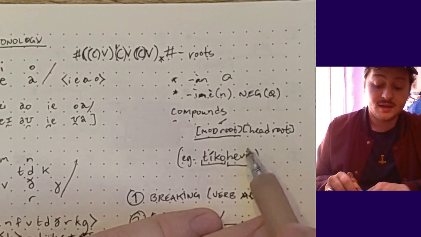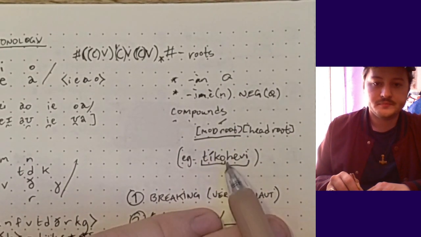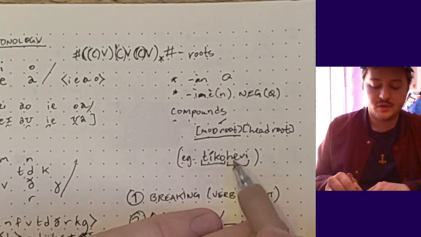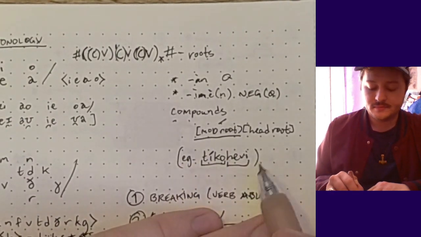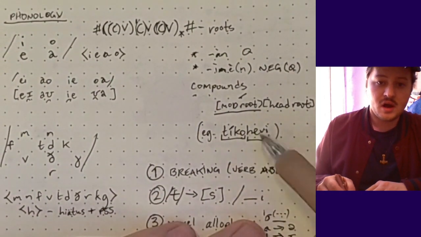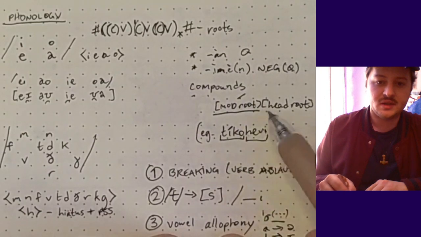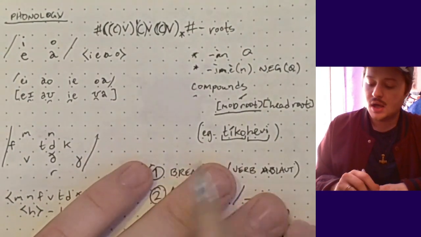So the stress goes here. And then there's still a little slight stress on evi. So that is how compounds work with stress, and I use acutes for those. I use graves for the verby suffixes.